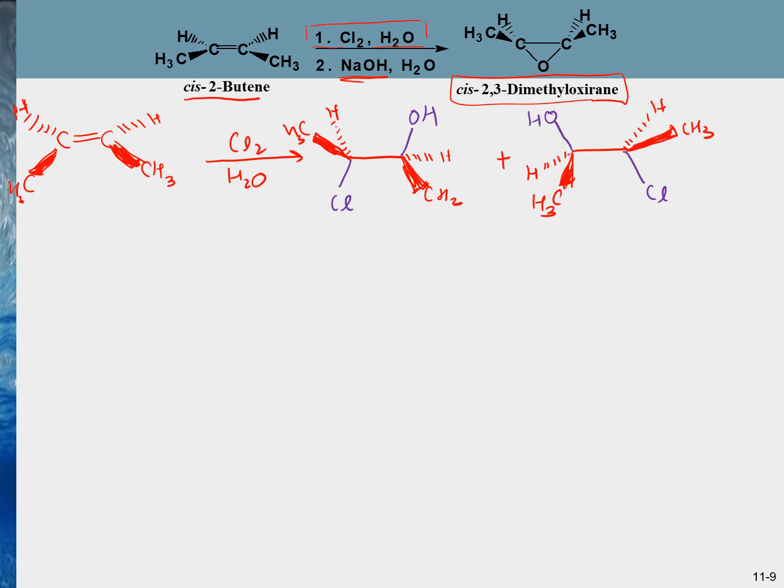So these are the only two regioselective and stereoselective possible outcomes when this alkene cis-2-butene forms halohydrins.